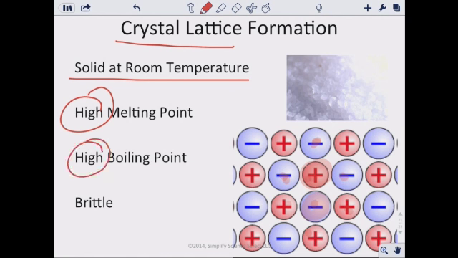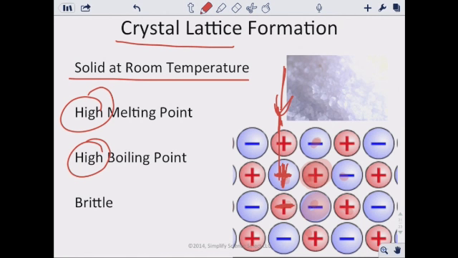The one thing that you kind of got to think about is it's brittle. So basically you can break sheets of it off. And what I want you to think about is if I push on this part of that solid, and essentially I push this positive down to this point right here. Well, now you have a positive lining up with a negative, and that negative will be pushed down.